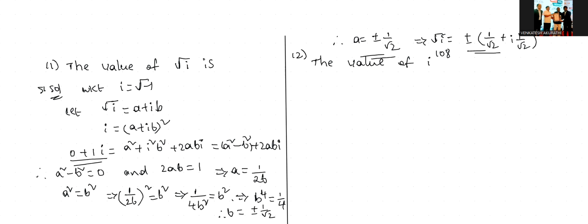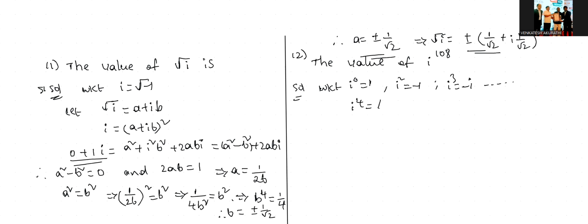And the 12th one is find the value of i power 108. Here we know that i power 0 is equal to 1, i square is equal to minus 1, i cube is equal to minus i, and so on, i power 4 is equal to 1.